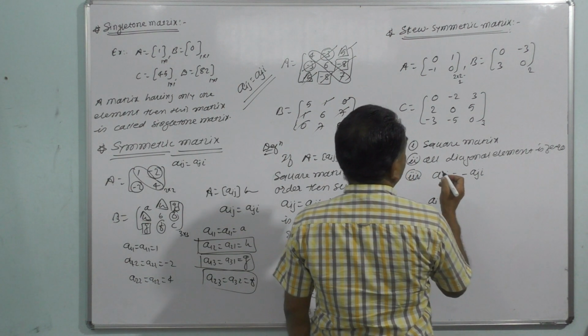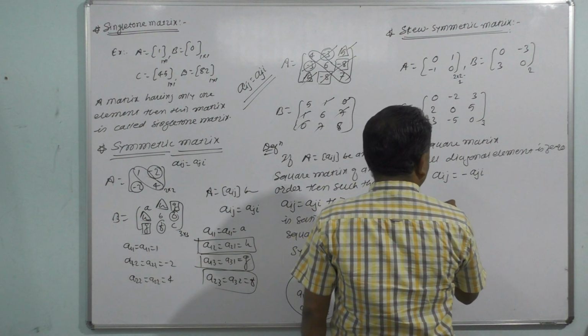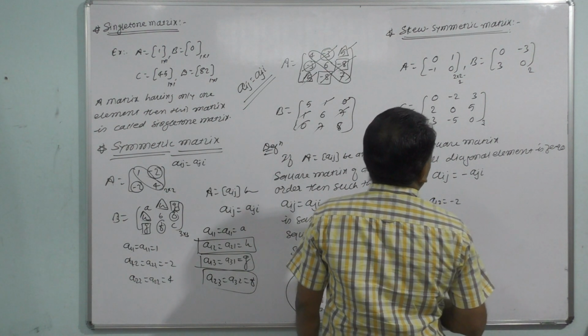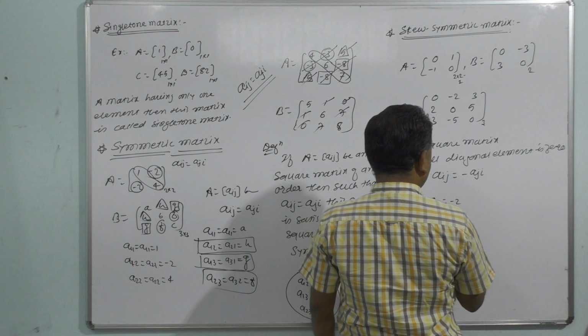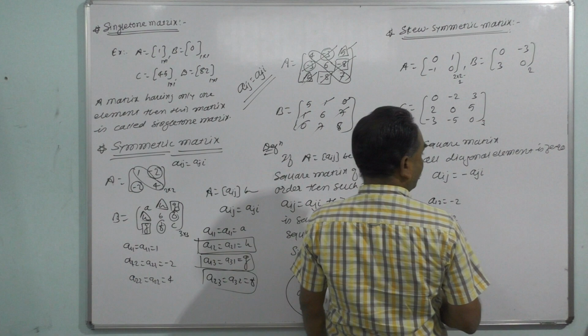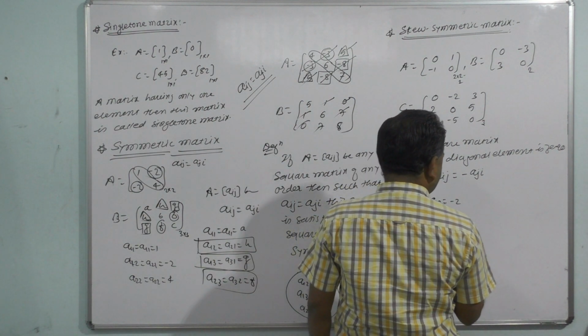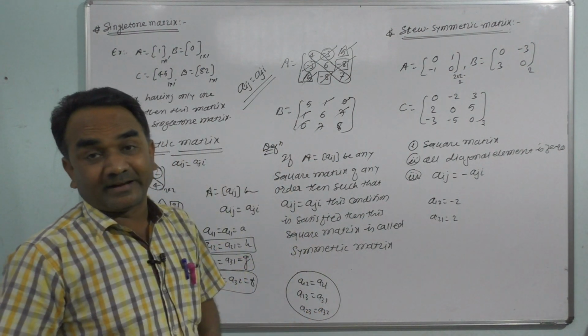Let's take A12 here. A12 is minus 2, so what should A21 be? A21 is equal to 2. लक्षात आलं? म्हणजे Aij is equal to minus Aji आहे. मायनस घेतलं तर मल्टिप्लाय होईल. Aij is equal to minus Aji आहे.